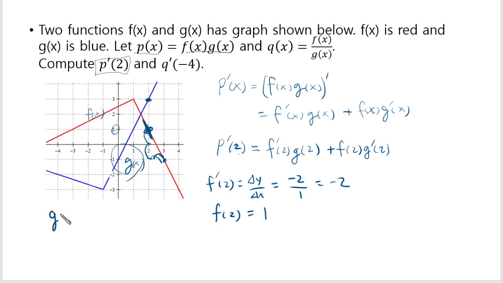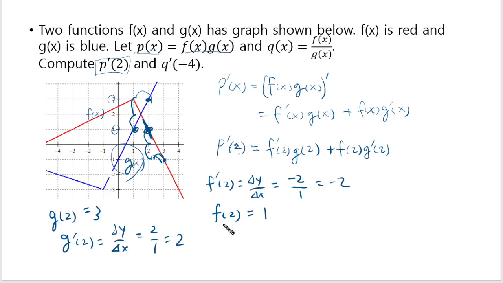I guess the easier one is g(2), because at 2, g has a height of 3, so g(2) is 3. And g'(2), you have to pick two points to get a slope. So let's pick these two points. From here to there, you rise 2 and run 1. So change of y over change of x will be 2 over 1. In this case, g'(2) will be +2.